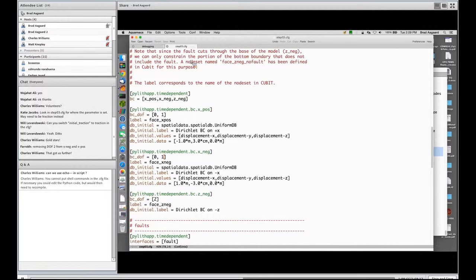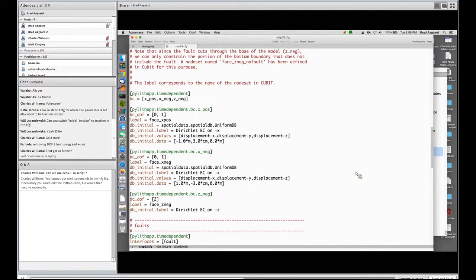So generally I can either make my fault not extend to the boundary, or I can remove it from the boundary. So there's a hand up, Brad.